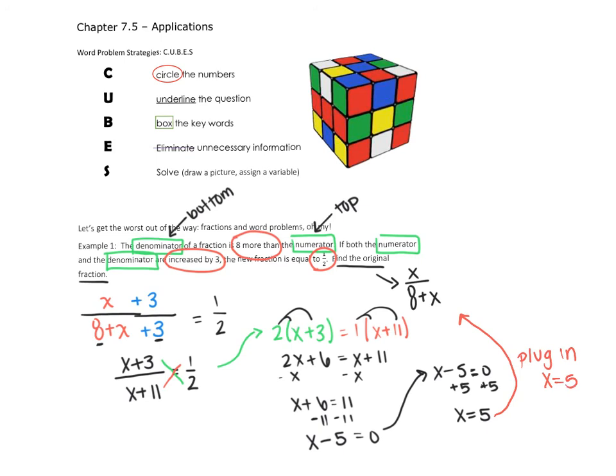So I'll have 5 over 8 plus 5, which will give me 5 over 13. So that is my final answer. Not x equals 5. My final answer is 5 over 13.